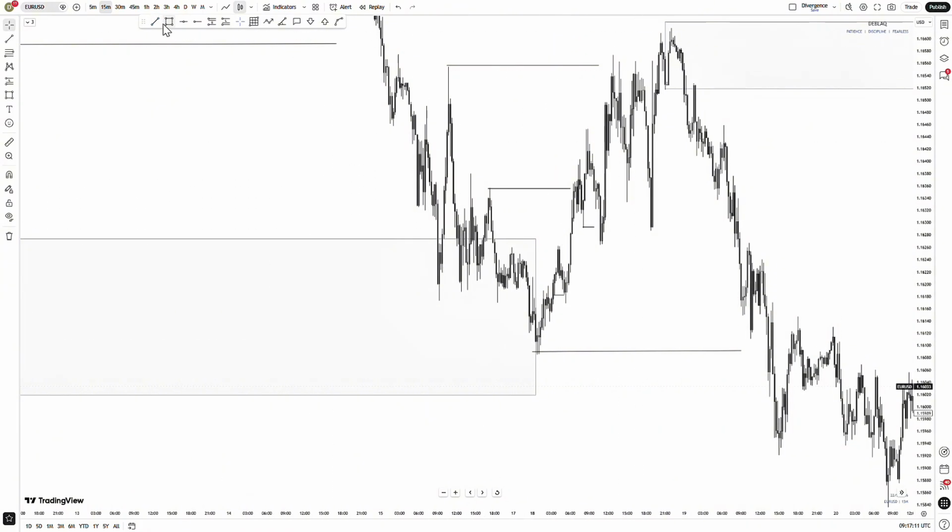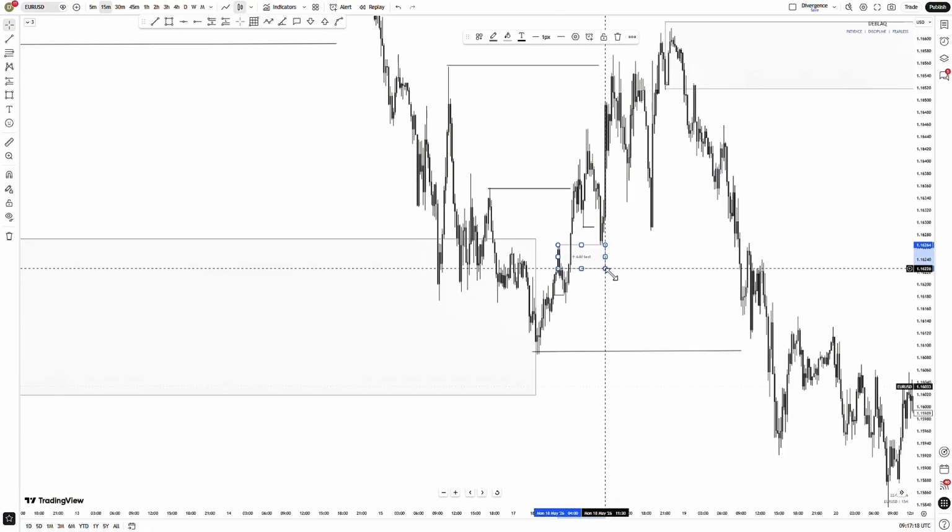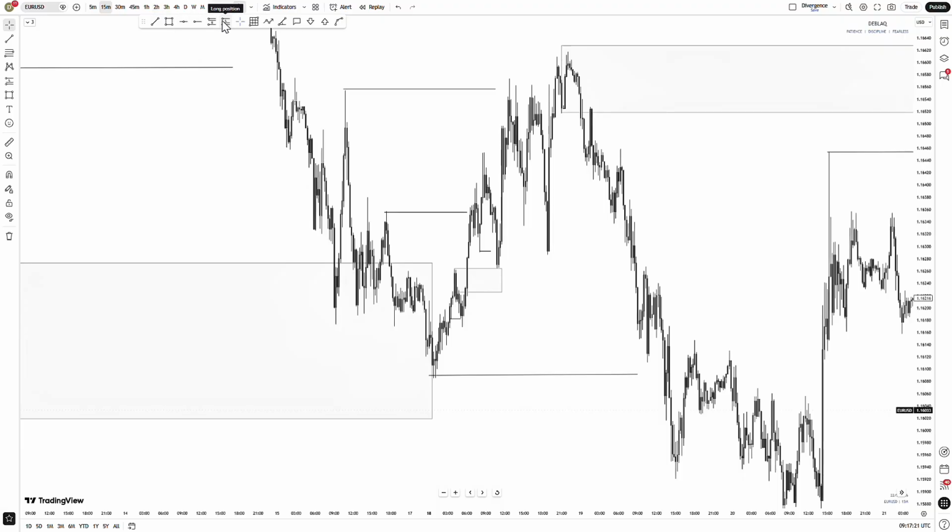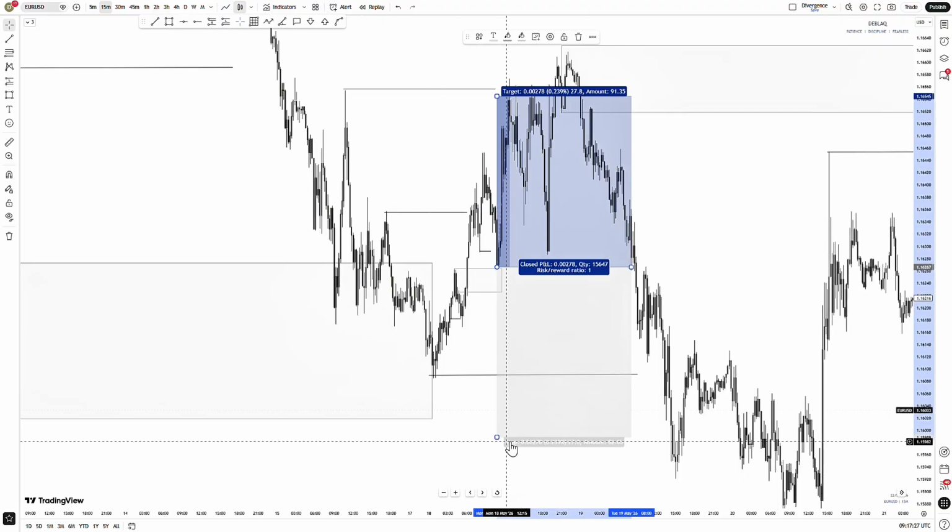And this breaker block was present here. So that was when I took this trade around here.